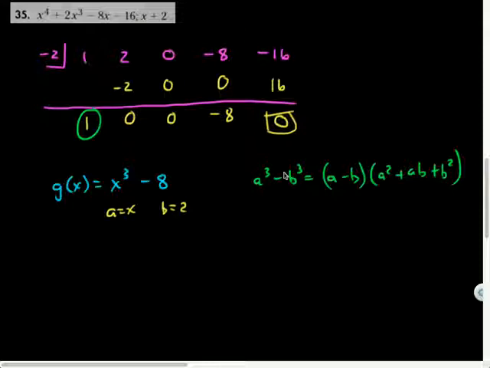I'll just call it positive 2 because my formula already took account of the sign. What cubed is going to be 8? 2 cubed is 8, and that's how I figured it out. Or you could have asked for the cube root of 8. So if I factor this, I'll get g of x equals x minus 2 times x squared plus 2x plus 4, if I'm not mistaken.